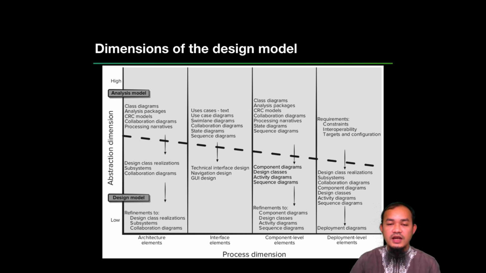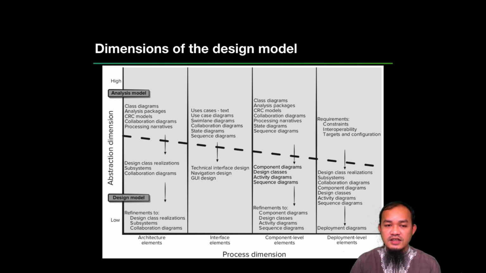There has to be another diagram we can use to represent the architecture. At the design level, we have architecture element, interface element, component-level element, and deployment-level element. You can map between the analysis model and design model.